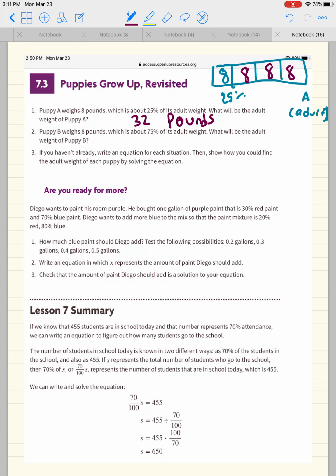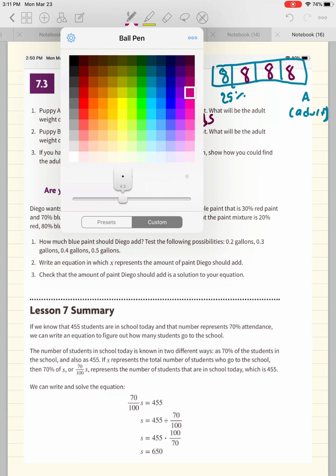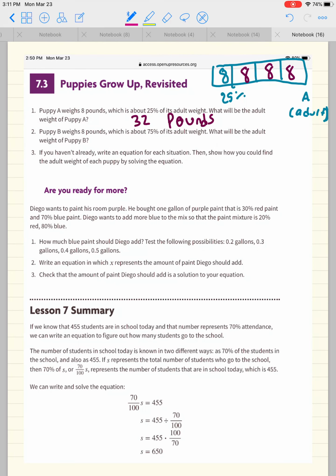Okay, puppy B weighs 8 pounds, which is 75% of its adult weight. Okay, so I can already tell that this puppy's going to be much smaller. So here's my tape diagram. We know that this is the adult weight here, and that 8 pounds is 75% of whatever this weight is.